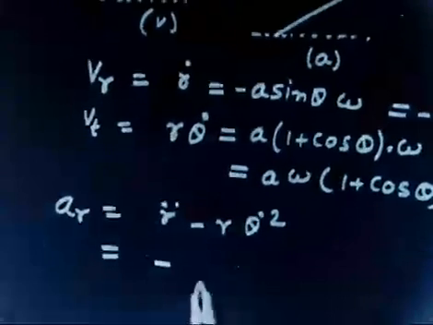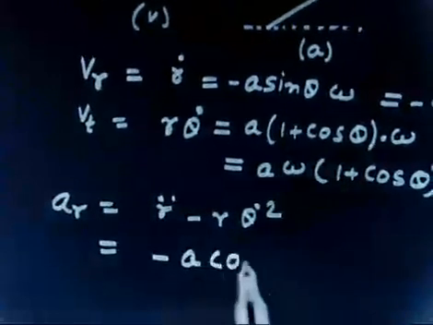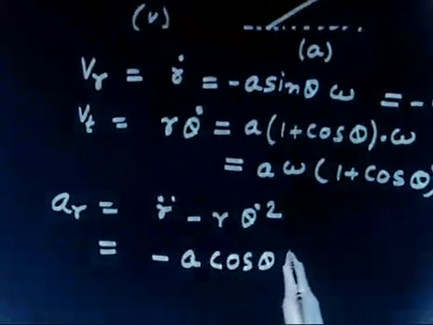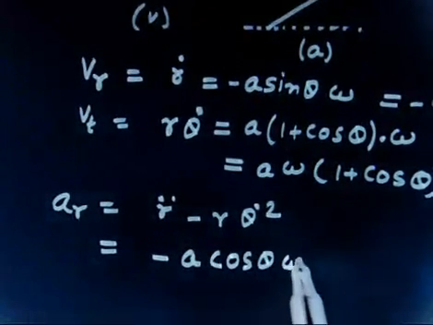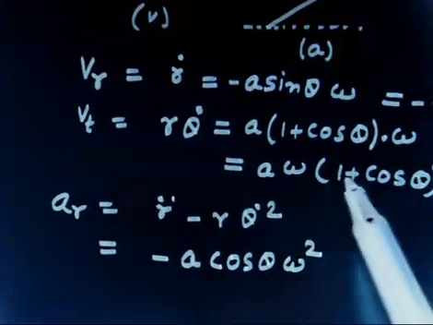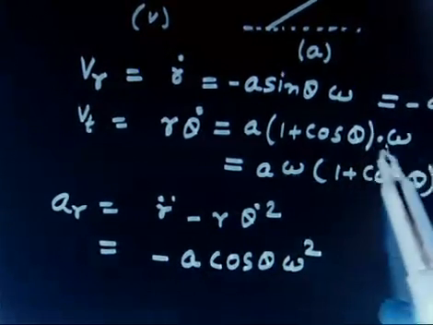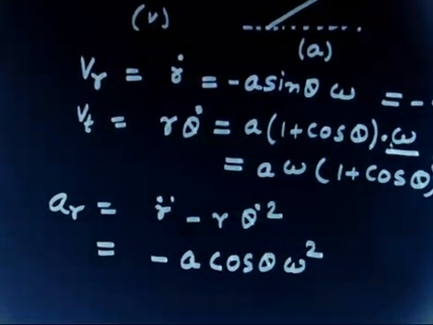Minus a, and differentiation of sin theta is cos theta, and d theta by dt, that is omega, into omega, giving omega square. I don't have to differentiate omega because omega is constant, as given in the problem.